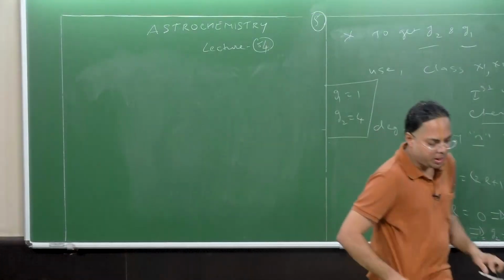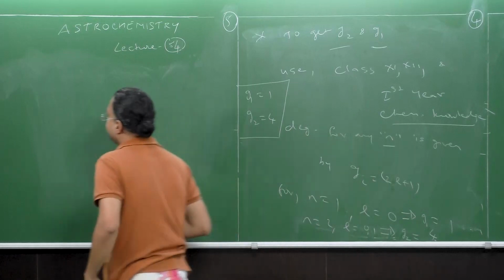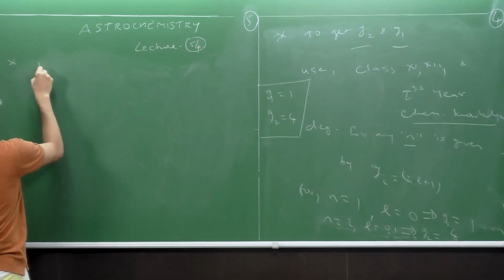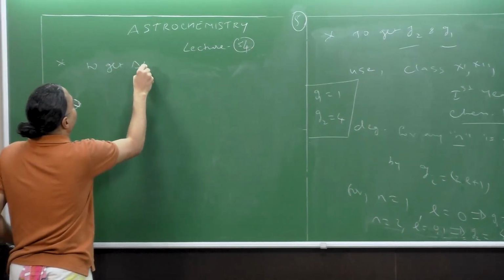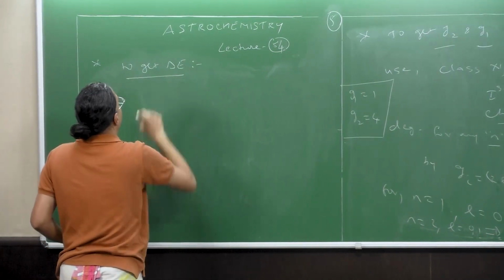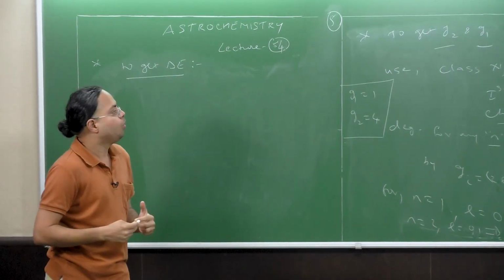Any answers? Okay, so this is page 5. To get delta E, what do we need to do?